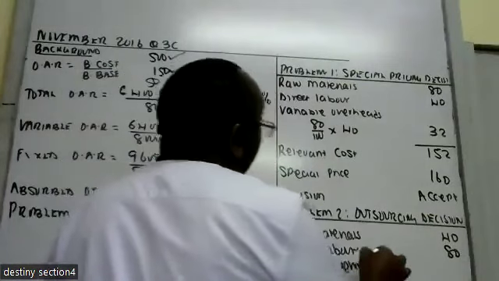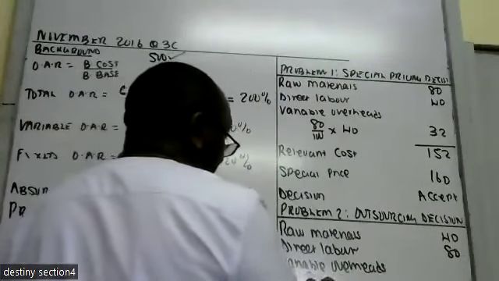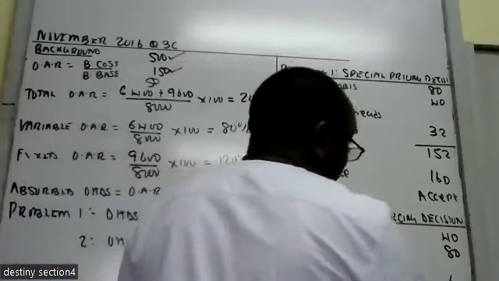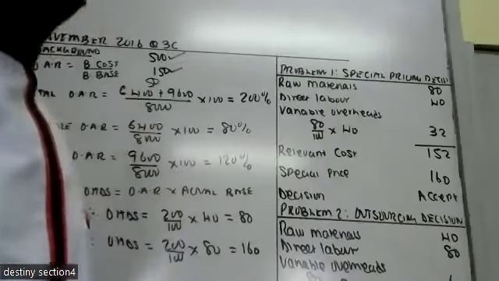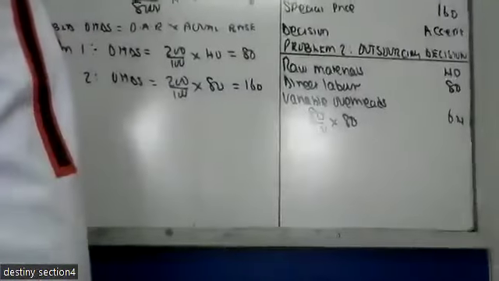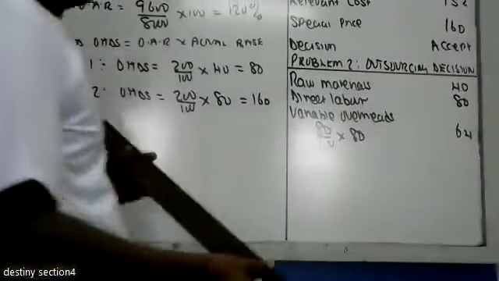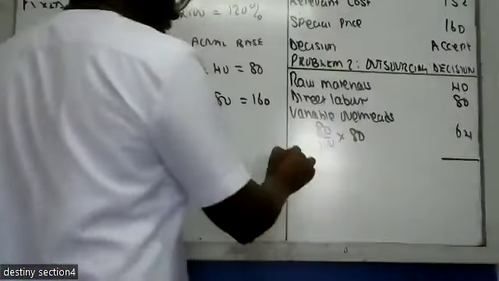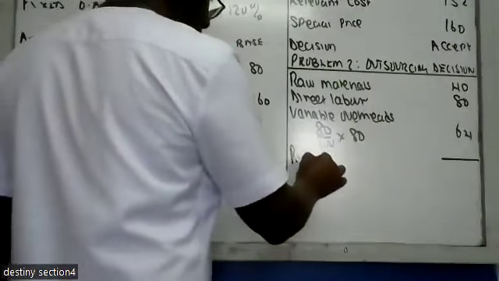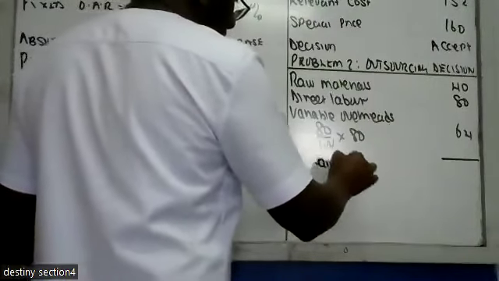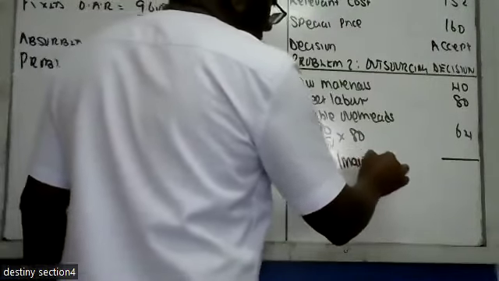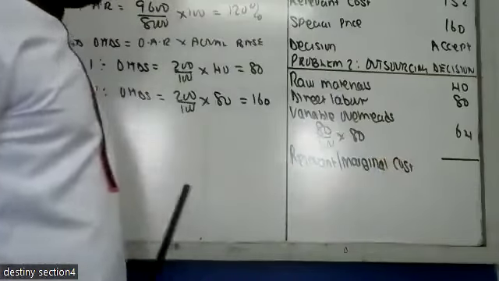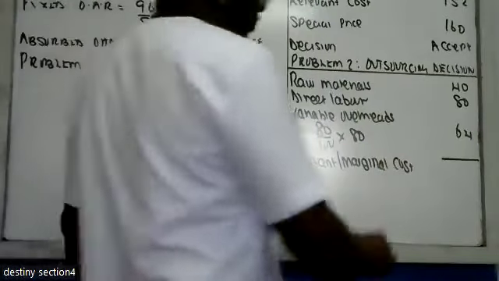Now variable overheads, again, utasema ni 80% of labor, which is 80, and that gives us 64. So this gives us the relevant, and remember relevant is the other one for marginal, marginal costs. That's 120, 184.